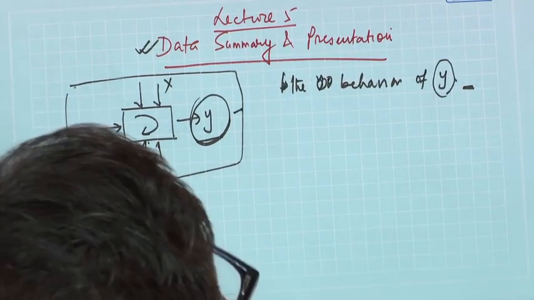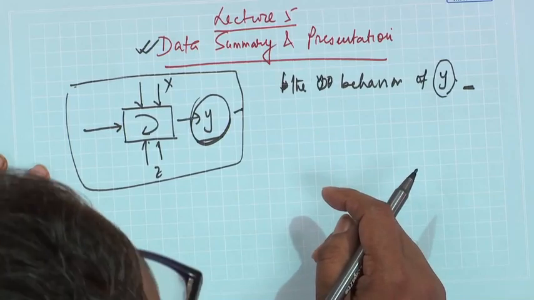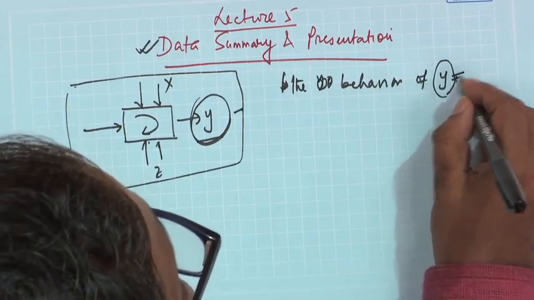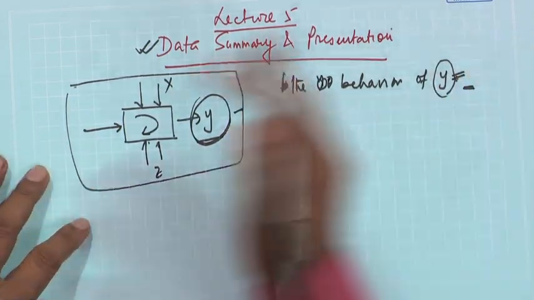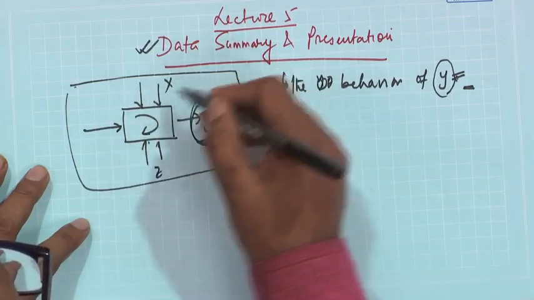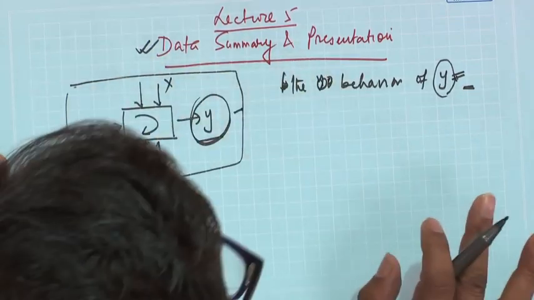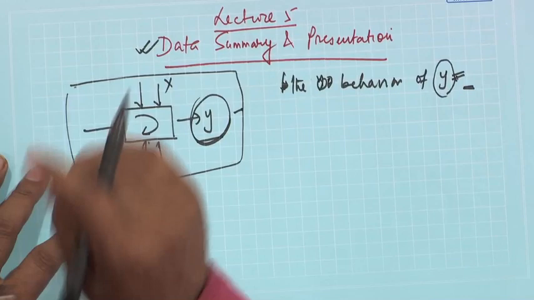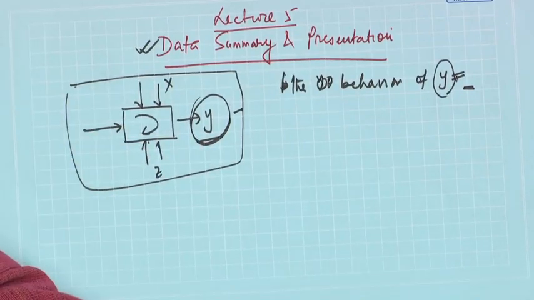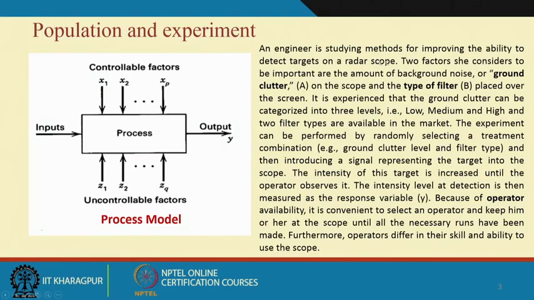When we conduct an experiment, we get data on y apart from the information related to x, z and inputs. For example, in this study, that engineer is studying the method for improving the ability to detect target on radar scope, what I have explained in the last class.